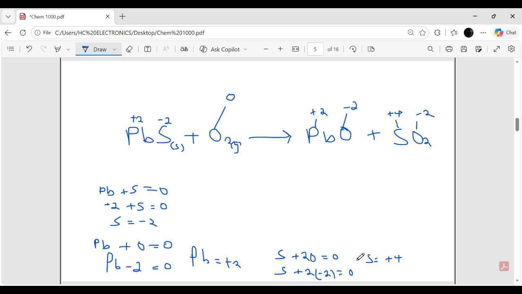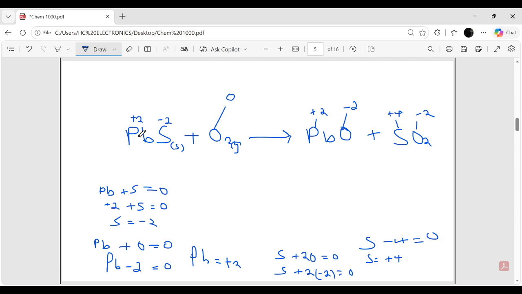So it's going to be like this. S minus 4 is equal to what? To 0. Then the 4 will go this side, it becomes what? Positive. Clear? Yes, sir. All right.